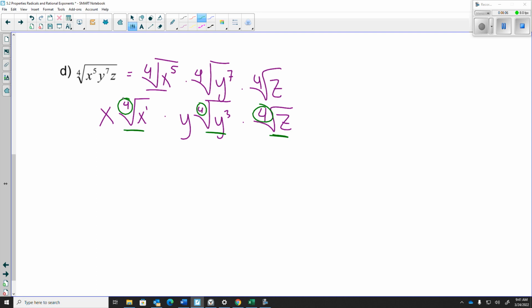Okay? Can you do that and then times x times y? Yep, so x, y is going to be in the front because those are not under a root. So I got x, y. And then I have the fourth root of x, y to the 3rd, z. Cool with that? Sure. There it is.